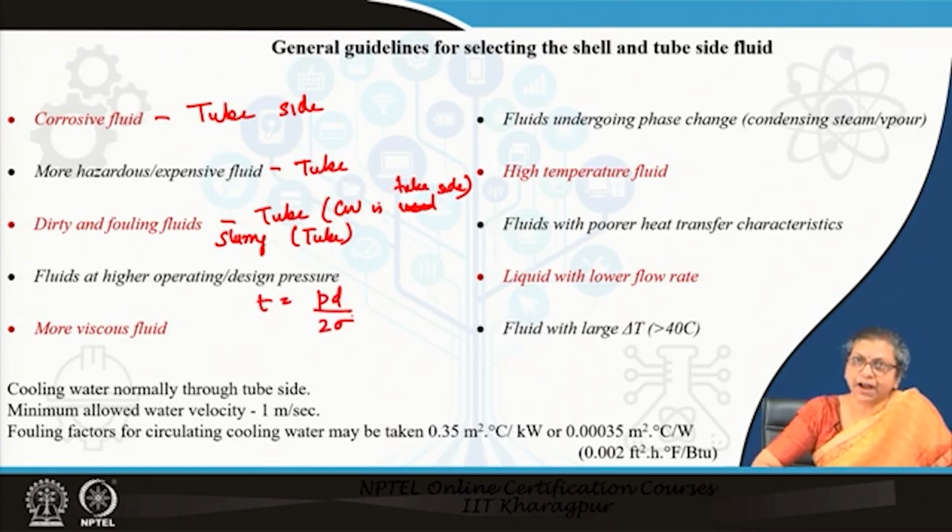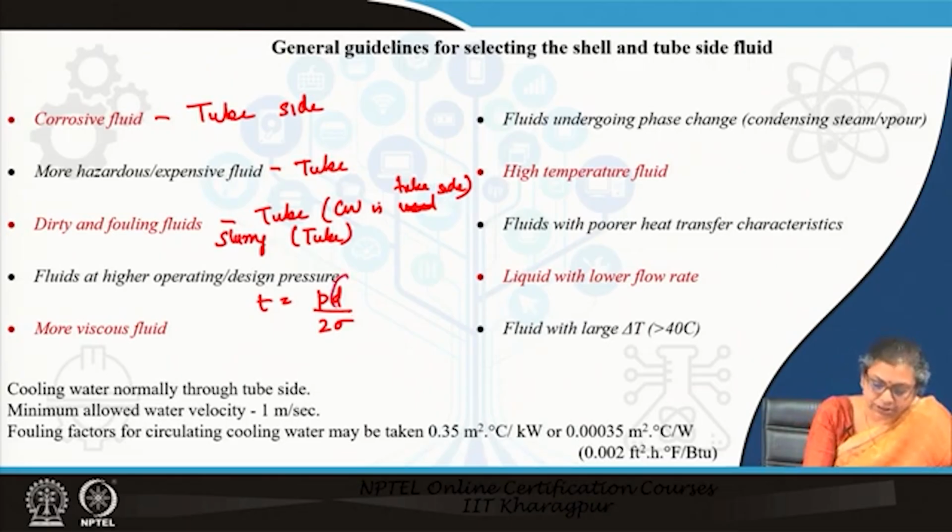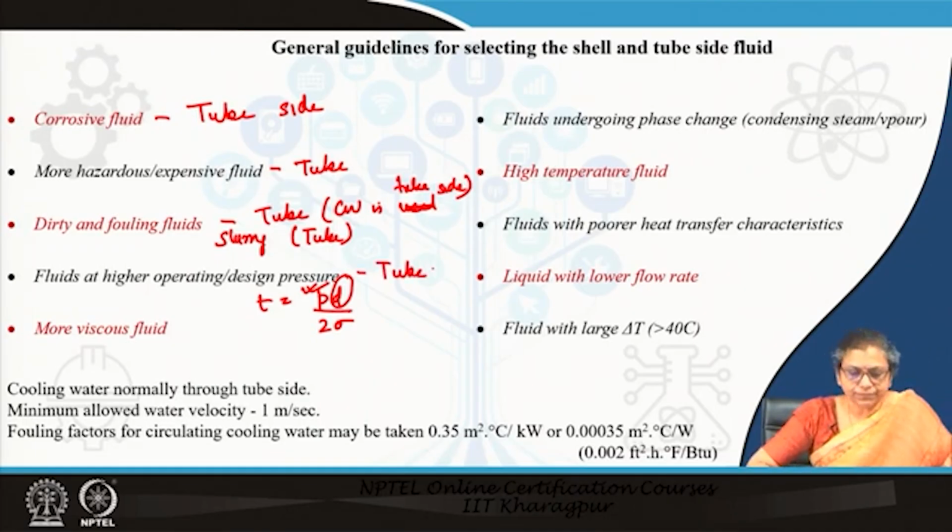So naturally we find that since the diameter of the tube is less, quite naturally it can withstand a higher pressure. This I have already discussed. This is the reason why double pipes are preferred over shell and tube exchangers, and this is the reason why the fluid at a higher operating or design pressure is preferably introduced through the tube side.